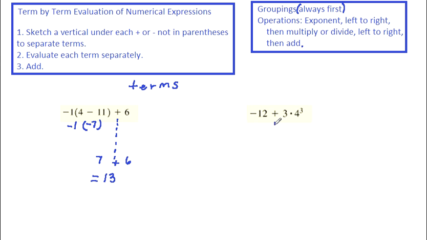We put a dotted line under the plus, and it breaks it into two parts. There's nothing to do in the first part, so we just do the second part. We do the exponent on the 4 first. You can go over to the side and do that if you wish. 4 times 4 is 16, times 4 is 64. Bring the 64 back there, times 3.